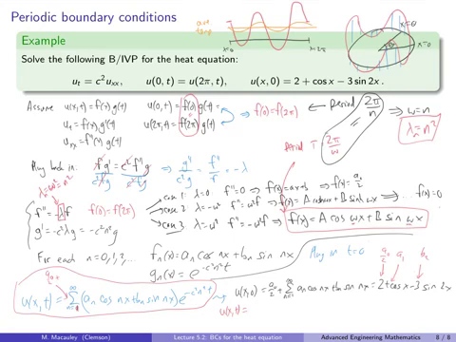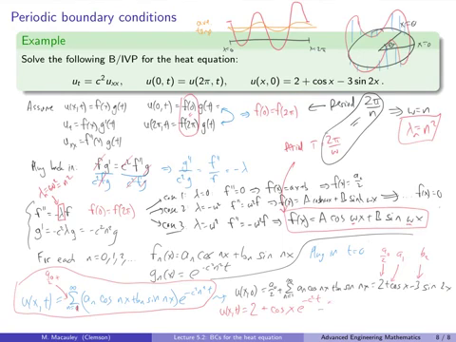We have the constant term, which is 2. And then we have the a1 term, so that's equal to 1, so plus 1 times cosine of x times e to the negative c squared 1 t, so e to the negative c squared t. And then we have a sine term, so the n equals 2 term.